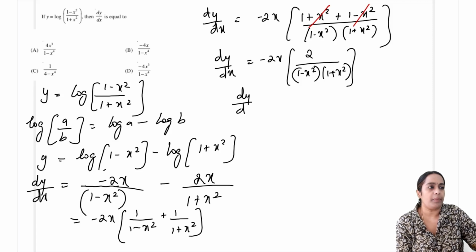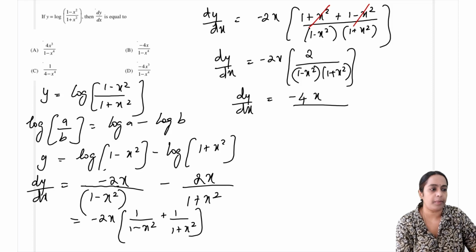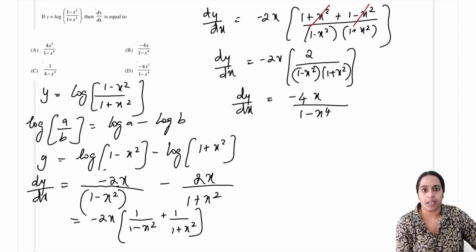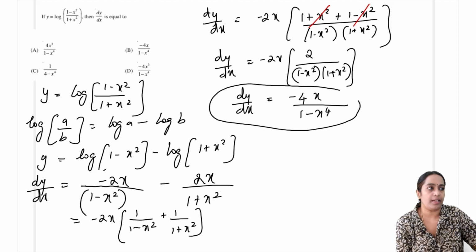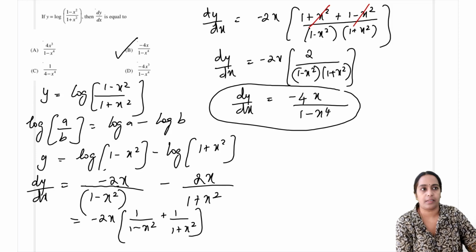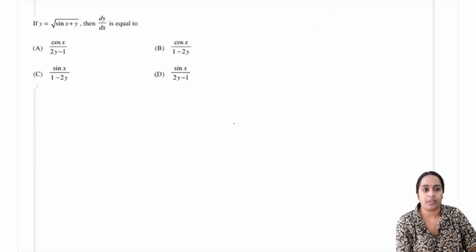So dy by dx is going to be minus 4x divided by (1 minus x square) into (1 plus x square), which is (a minus b) into (a plus b). So it's going to be a square minus b square. So it will be 1 minus x power 4. This is my final answer, which is there in option B. Option B is the correct answer. Moving on to the next question.